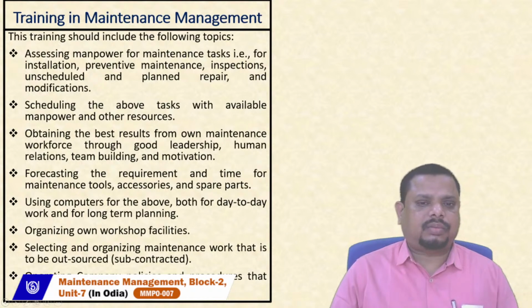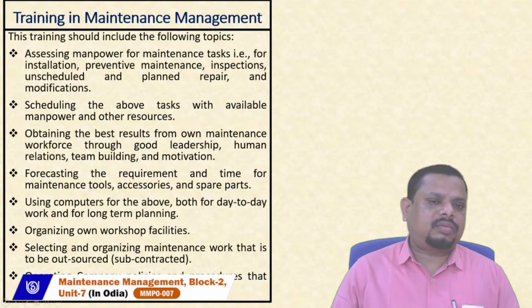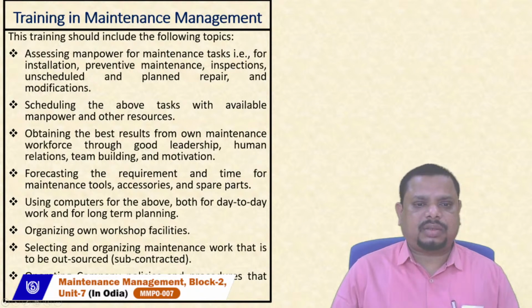At the next level up, they have a number of maintenance supervisors, and just above the maintenance supervisors, they have maintenance engineers. Just above the maintenance engineers, maintenance managers are assigned.